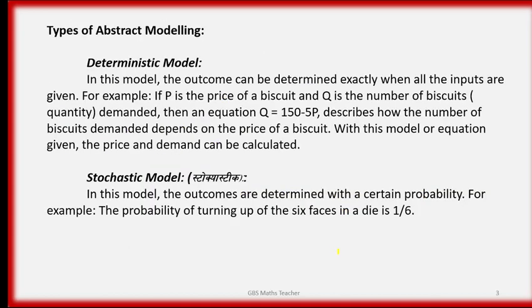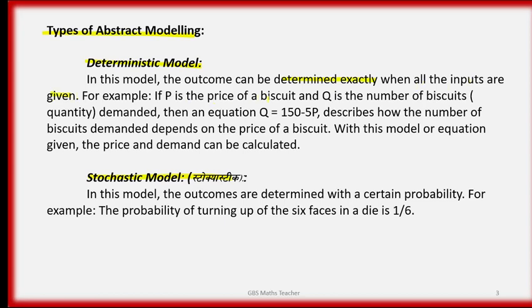Now moving to the next, we have to express the types of abstract modeling: deterministic and stochastic. Two models are there. In the deterministic model, the outcome can be determined exactly when all the inputs are given.